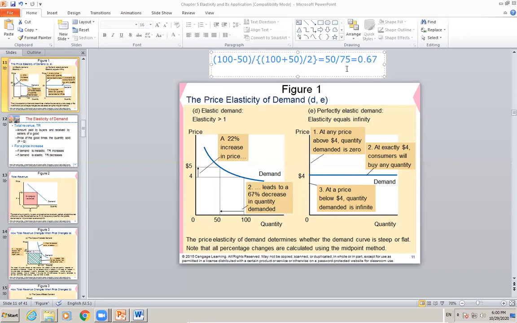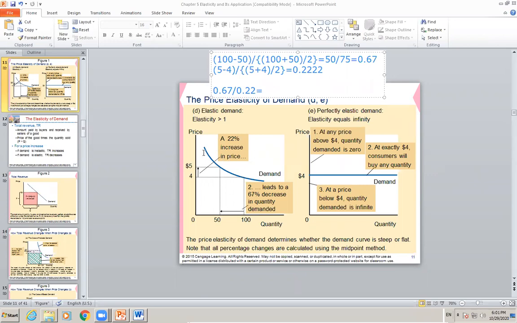And for the price, let me calculate one more time for you. 5 minus 4 divided by 5 plus 4 divided by 2, close the bracket, and 0.22. And 0.67 divided by 0.22 gives you more than 1. It gives you an elasticity of more than 1.